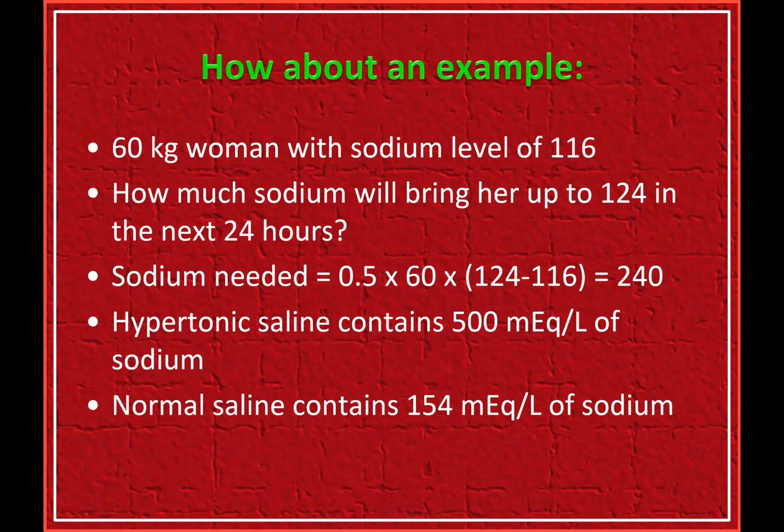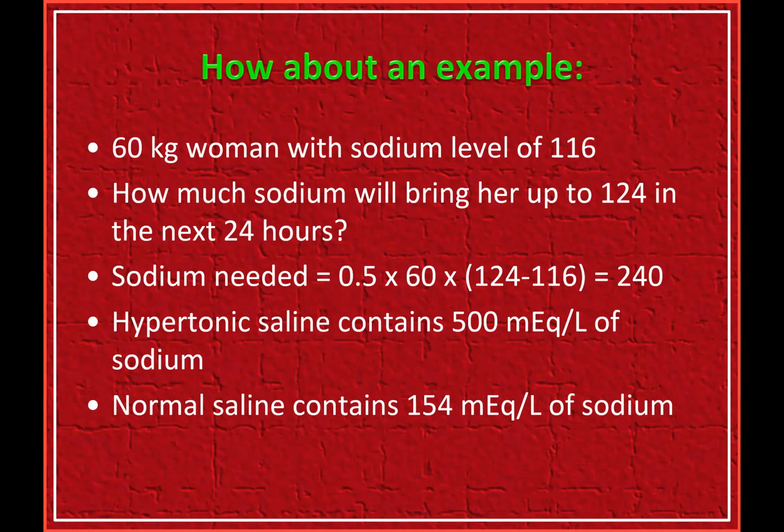The sodium needed will be 124 minus 116. Starting sodium is 116, and what we expect to get to is 124, which means 124 minus 116 is 8, and her body weight is 60. So 60 into 8 we will take, but we know only half of that is water, so we multiply by 0.5.